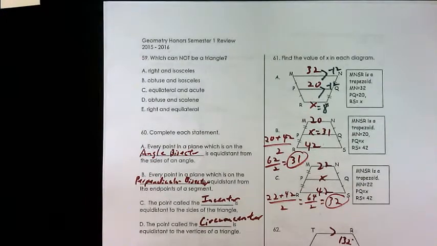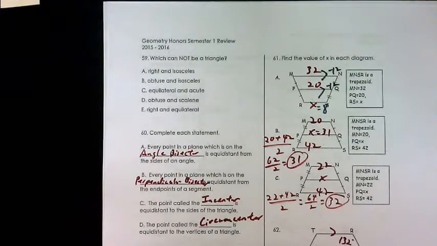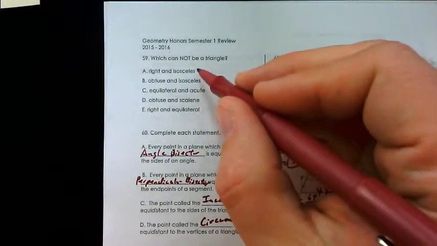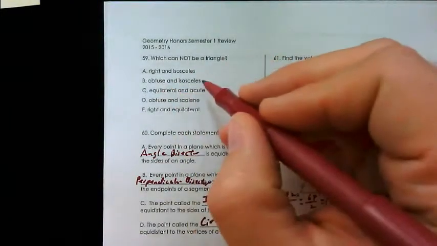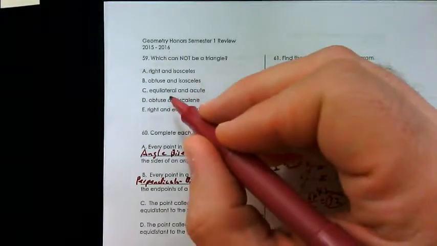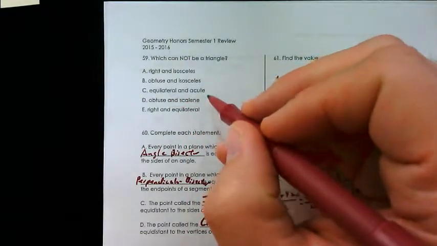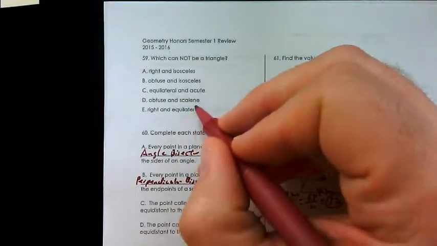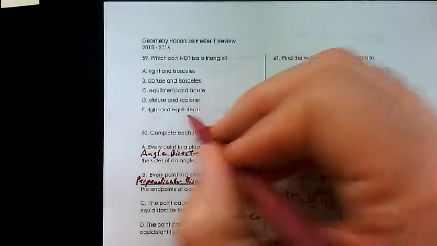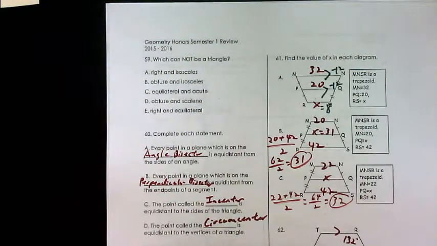Which cannot be a triangle? Right isosceles, obtuse isosceles, equilateral acute, obtuse scalene, and right equilateral. So, you can normally classify a triangle by angles and sides.